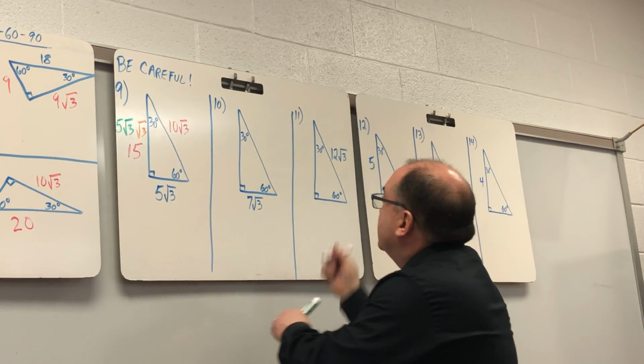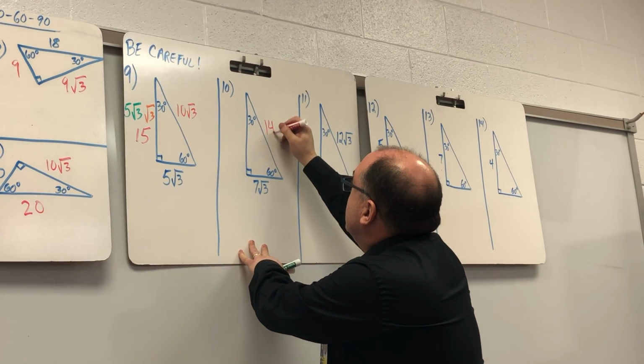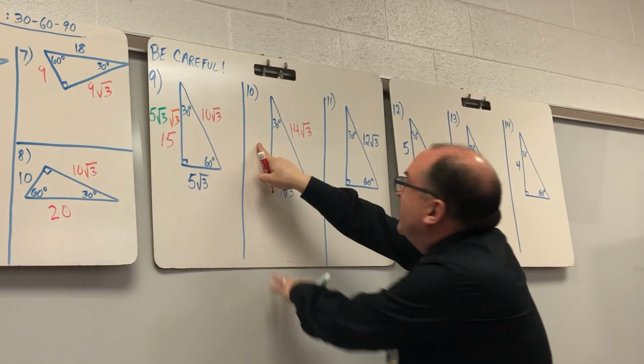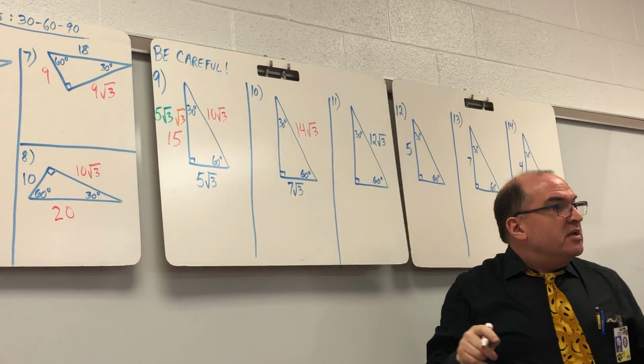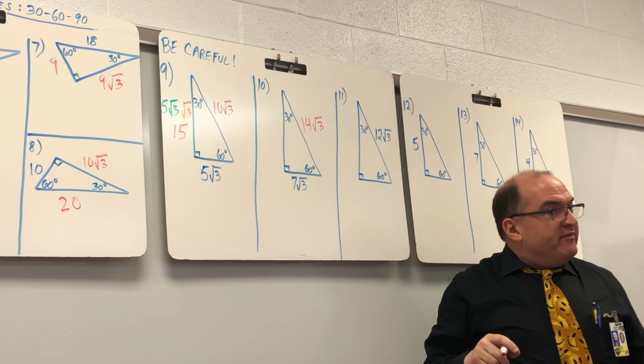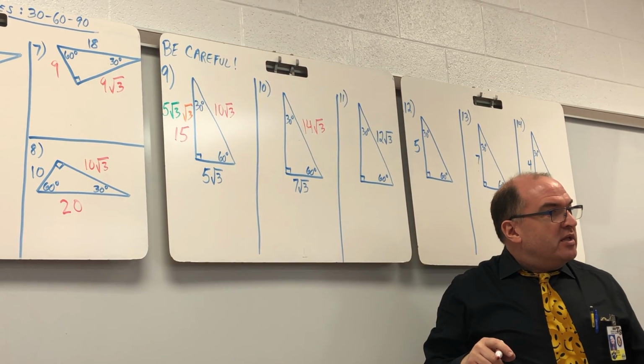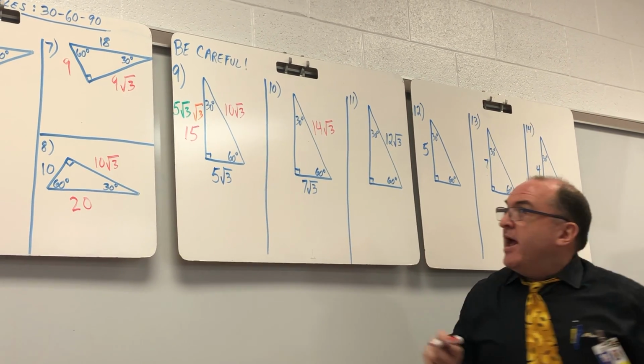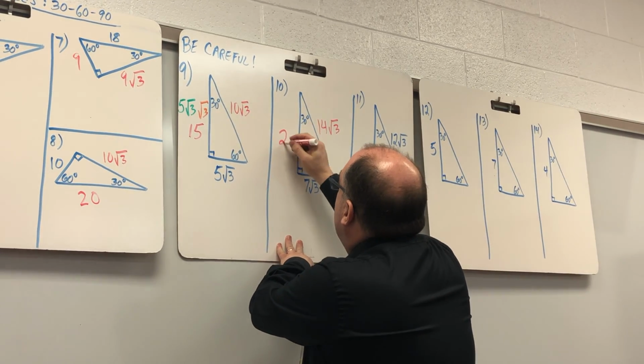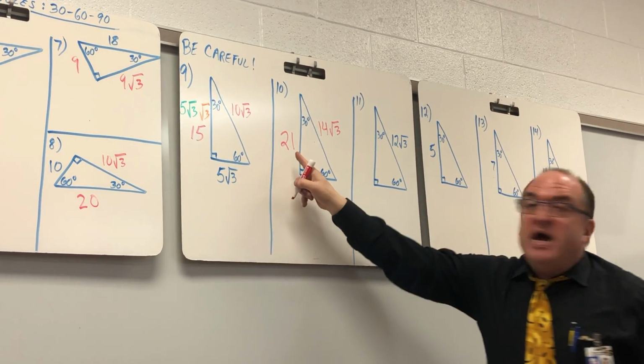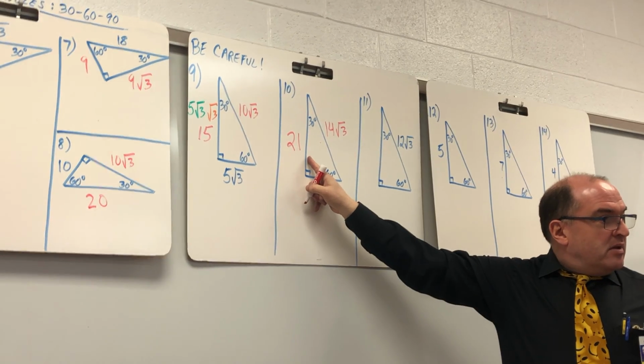Over here, this is 14 square root of 3. But this one is what? And what is 7 square root of 3 times square root of 3? 21, right? Does everyone understand why that's 21? Okay.